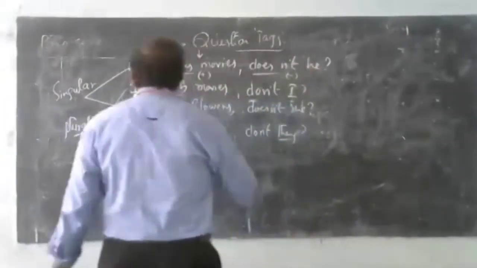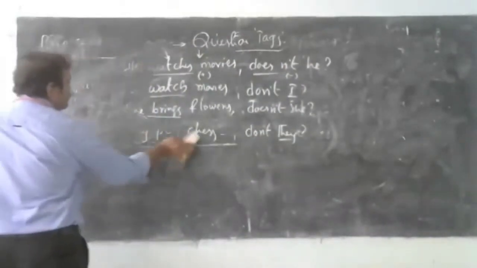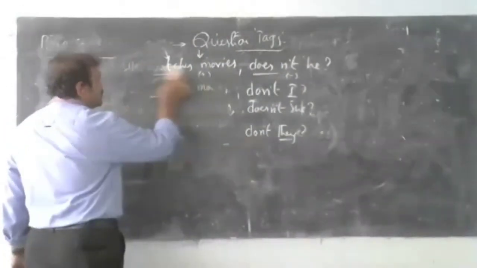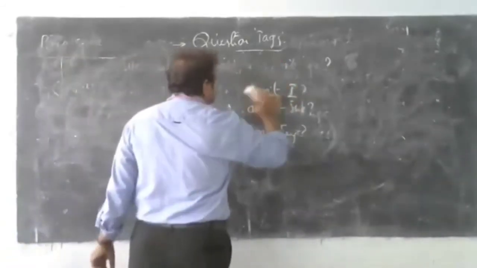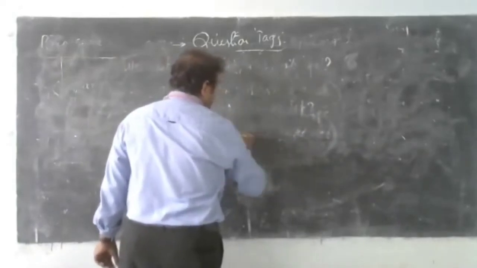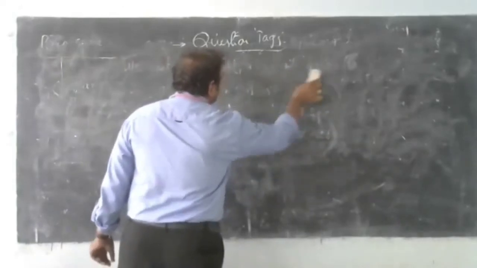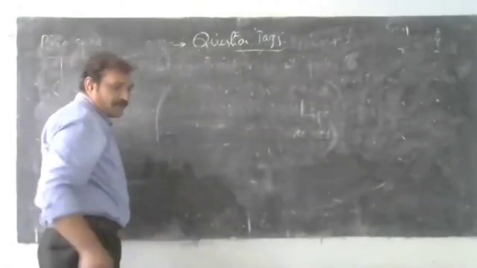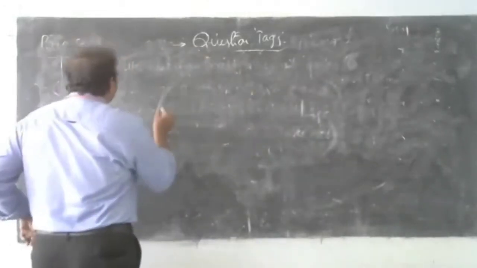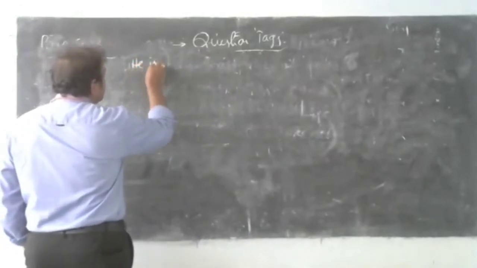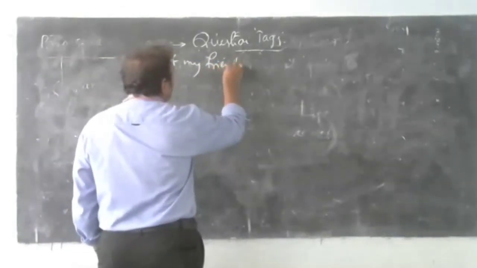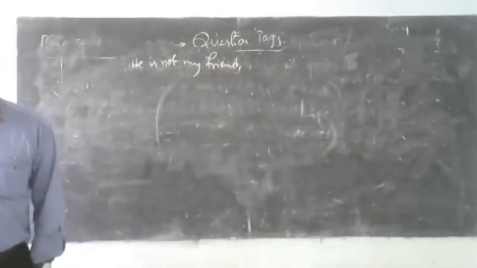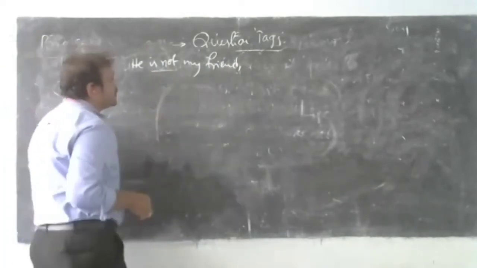And we shall see another rule of the question tag exercise. So far, what have we seen? The statement is positive, its question tag will be negative. For example, if the statement is negative, how to make a question tag for this?